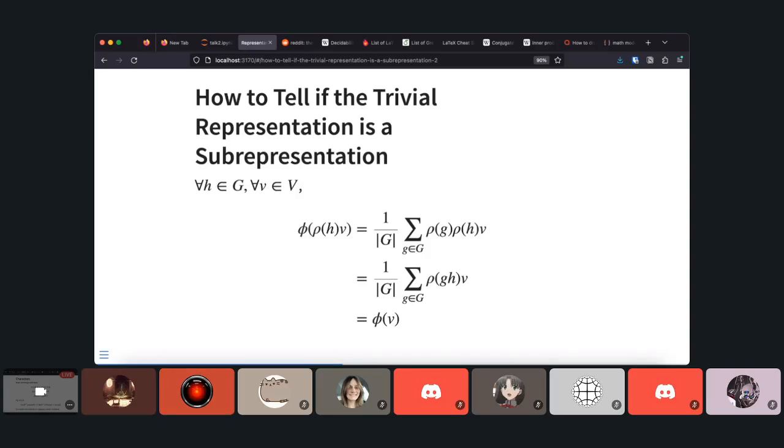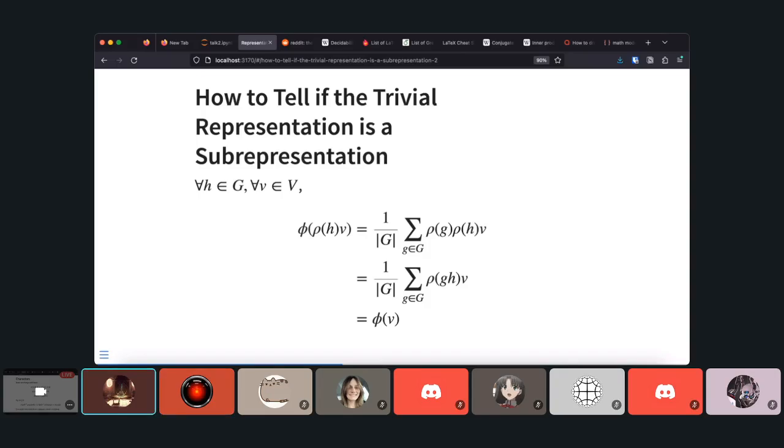And then, that's outside of the thing, but the reason non-compact groups are evil is that you cannot take this average, because one over the number of elements doesn't really make sense for a non-compact group.